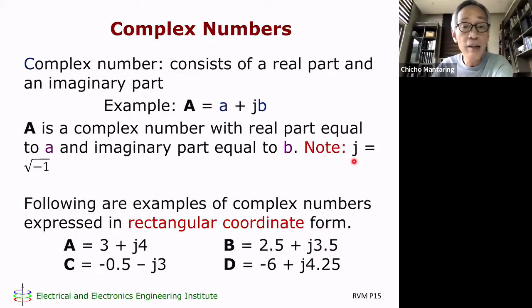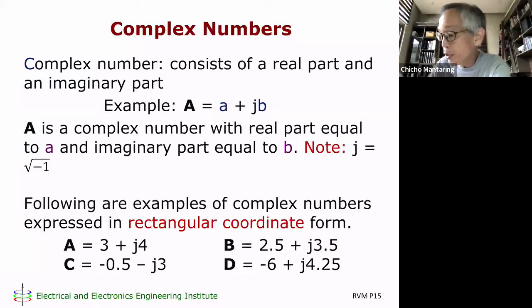The reason why we use j instead of i is we don't want to confuse the square root of -1 with a current. So I'm going to stop here, but I'm going to advise you to review your complex algebra.